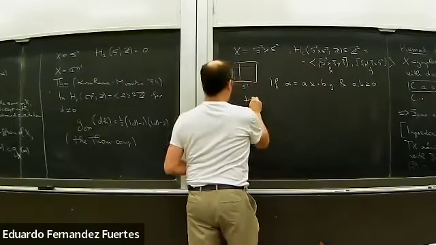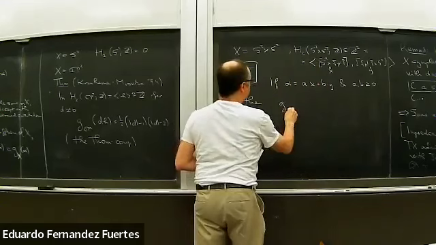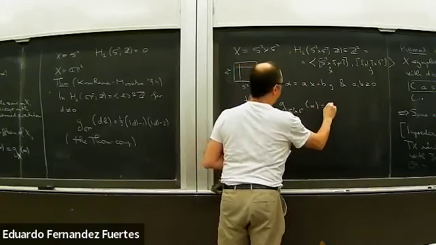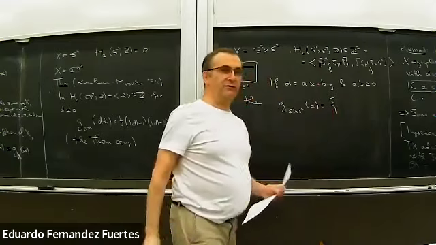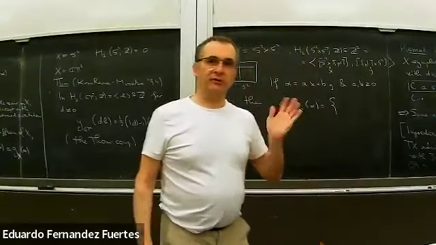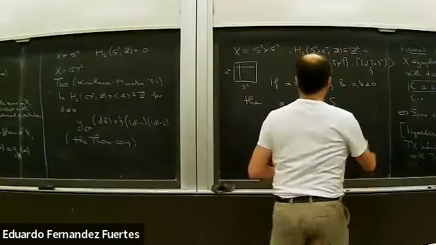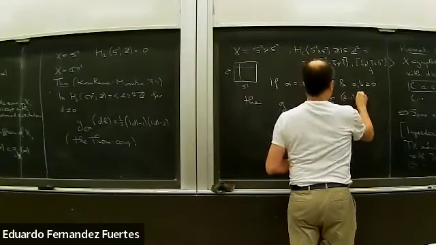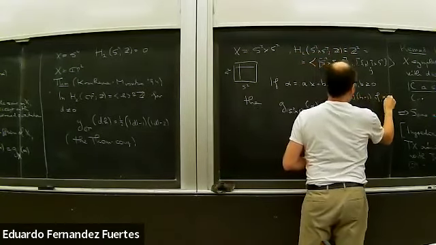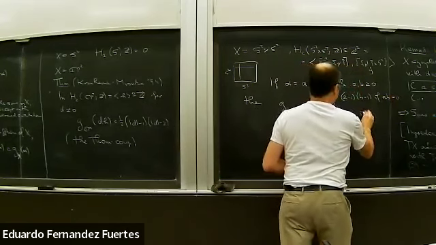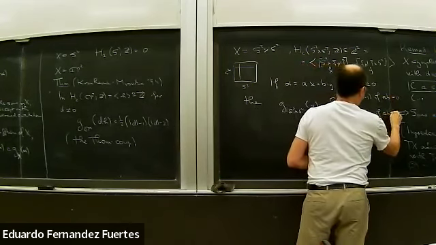Then the genus function of S2 cross S2 on alpha is, and again, we have to deal separately when one of them is 0, we have to be a little careful, so the answer is (A minus 1) times (B minus 1) if AB is not equal to 0, and 0 if AB is equal to 0.